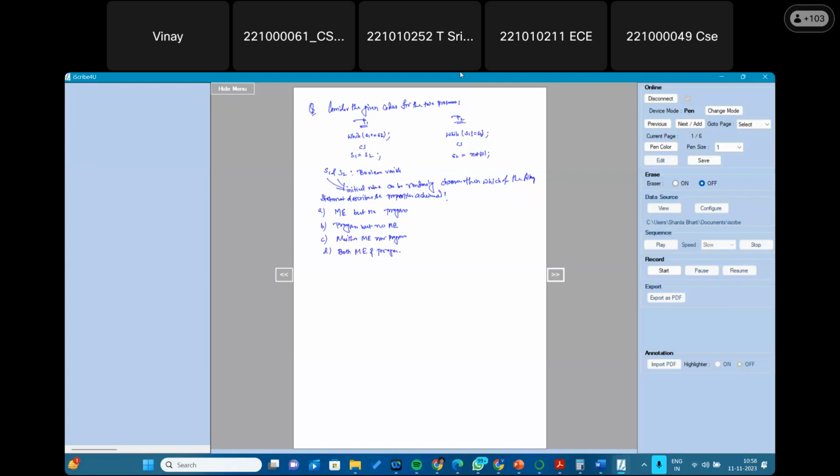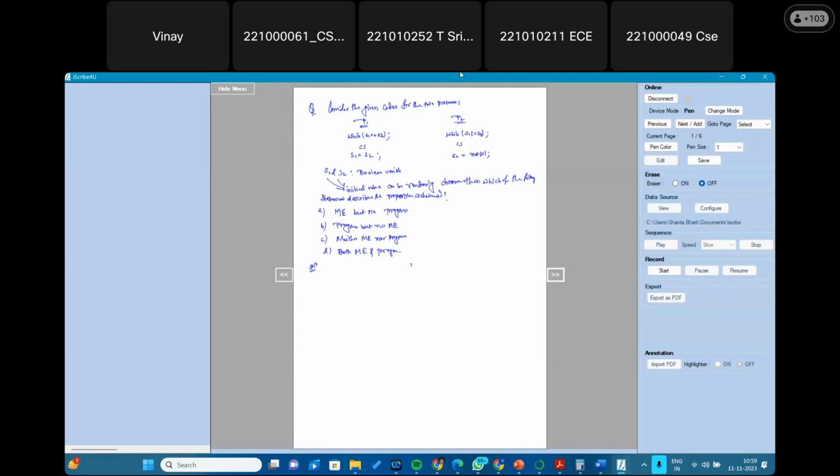The problem is, we have a code given, and we have to check whether the given synchronization code ensures that mutual exclusion occurs or not, or progress occurs or not. Let us solve.